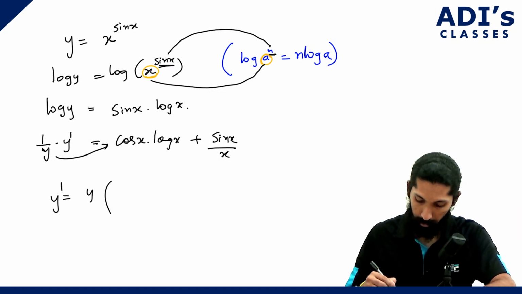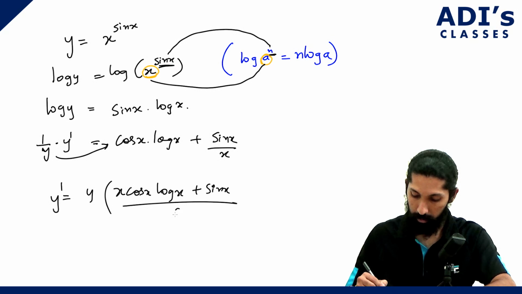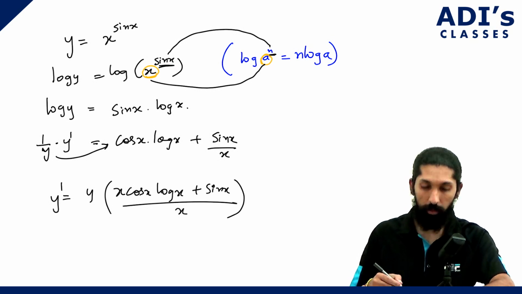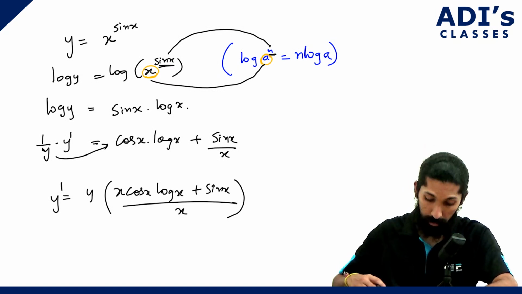So this is going to become x cos x log x plus sin x by x. What is y? Y is the question, x power sin x.